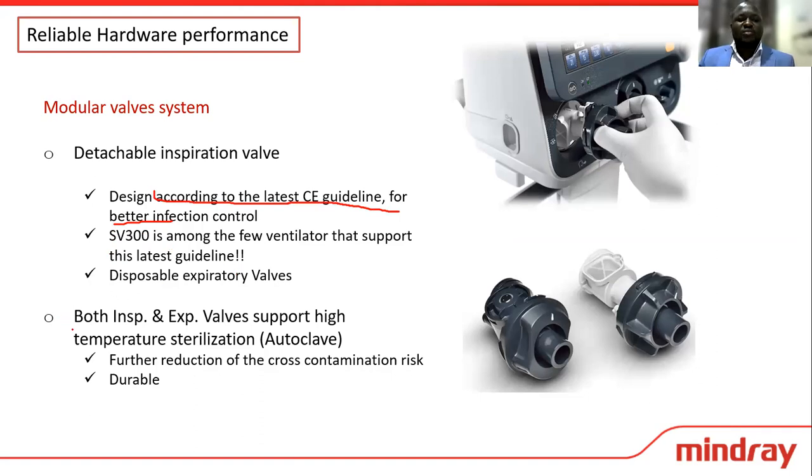And we are able to disassemble both the inspiratory and the expiratory valves. And we are able to support very high temperatures, around 134 degrees Celsius in the autoclave. And with this capability of the SV300, we can further reduce the cross-contamination risk that may happen in critical care setups.